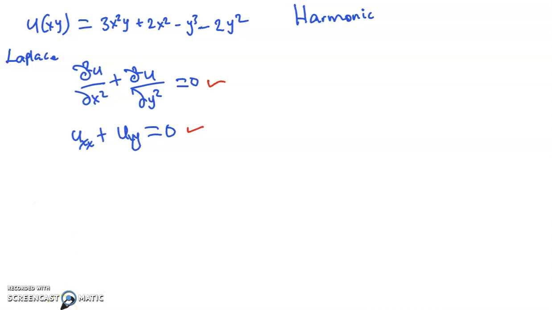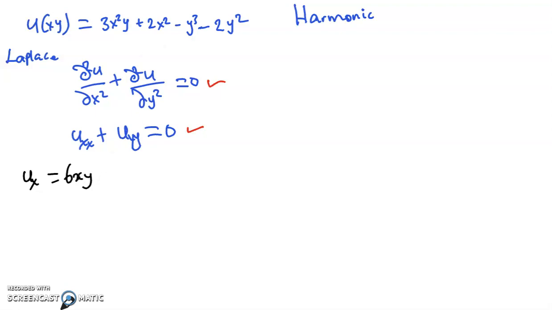Now, the very first thing we need to do is to partially differentiate this with respect to x. When you differentiate, you bring down the power and multiply with what we have here. This is 3 multiplied by 2, you will simply get 6xy, because we are differentiating with respect to x.